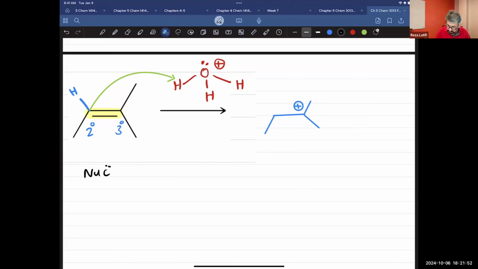On the left side, remember that from before we had an H there. Now we added a new H, which I'm going to write here. That's the H that we got from water. So this is going to be our carbocation, or the intermediate.